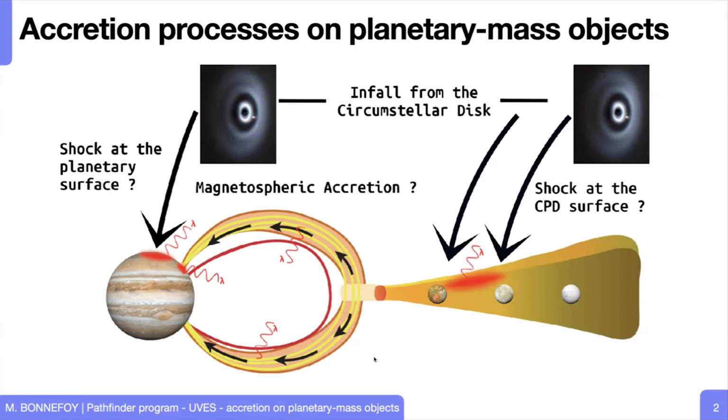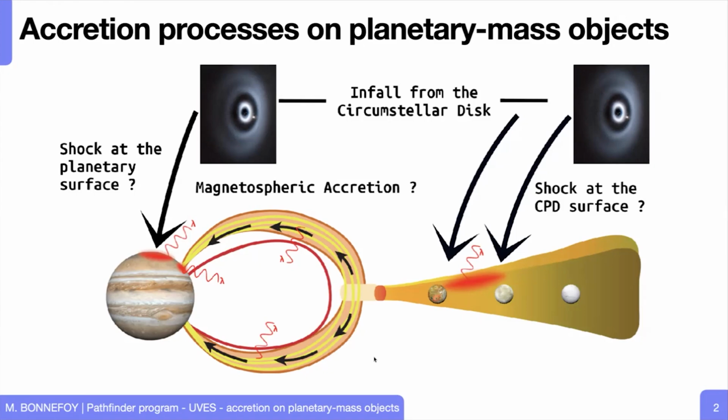So the discovery of these objects has been triggering a lot of theoretical developments, trying to understand in more detail how these objects were accreting the gas from the circumstellar disks. As it has been said, today we think that material should flow from the circumstellar disk up to the planet.